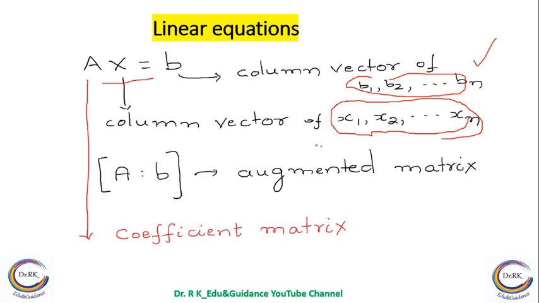A is the coefficient matrix. One more term we use is the augmented matrix, which is nothing but the coefficient matrix A accompanied by the column matrix consisting of b1, b2, and so on, bn.